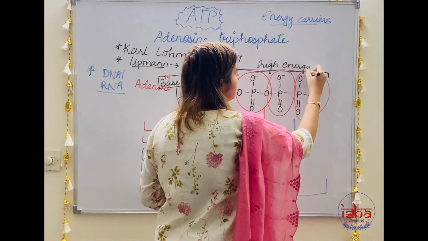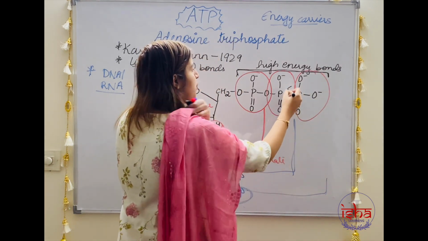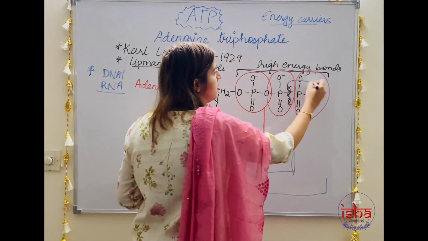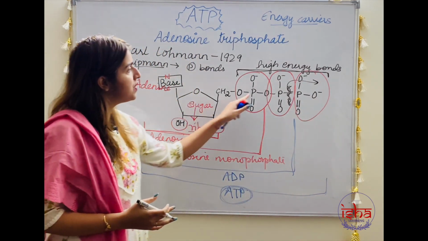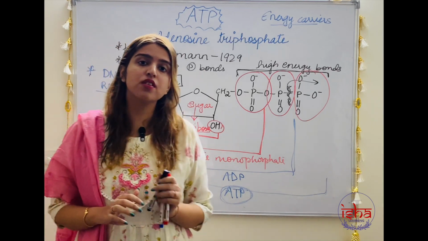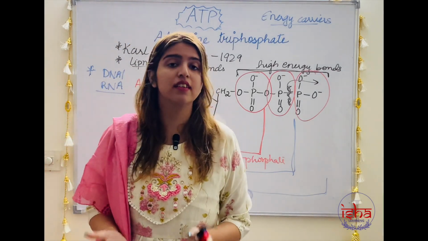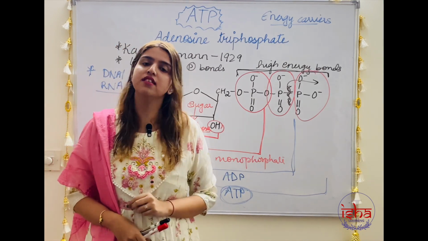So as one of the bonds would be cleaved, a certain amount of energy is going to be released. And due to the presence of these high energy bonds, the ATP molecule serves as an energy carrier. That is why it is known as the energy currency of the cell.